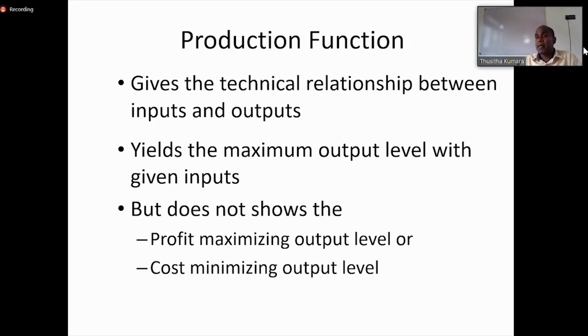But production function itself will not be giving any level of profit maximizing output level. Also not the cost minimizing output level. So I will be discussing these later, profit maximizing and cost minimization, because those are the two ways of getting our profit maximizing. But anyway, production function will not be giving these two.